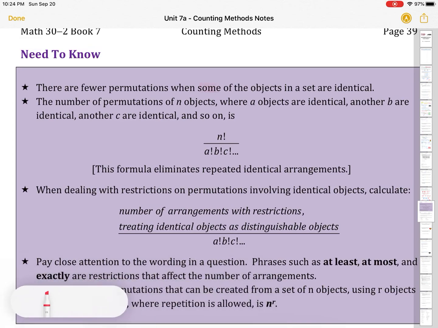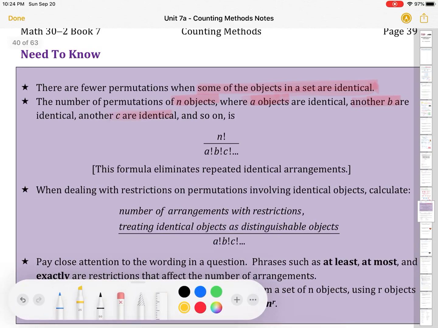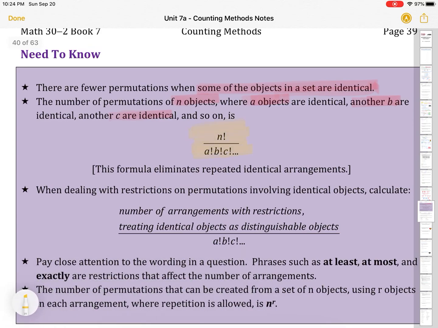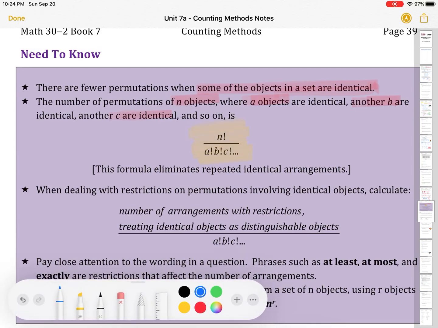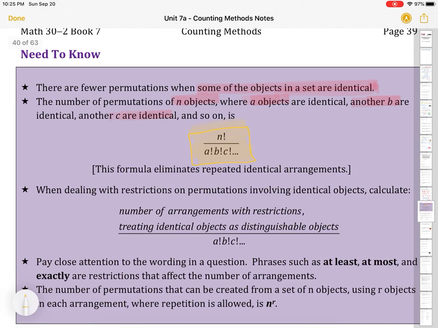Alrighty, let's move on. Need to know: there are fewer permutations when some of the objects in a set are identical. The number of permutations of n objects where A objects are identical, another B objects are identical, and C are identical is this formula.